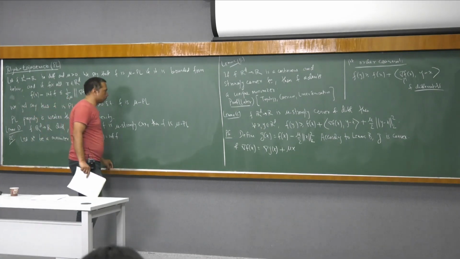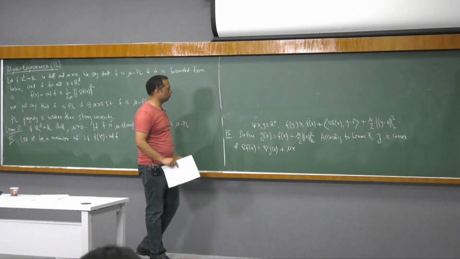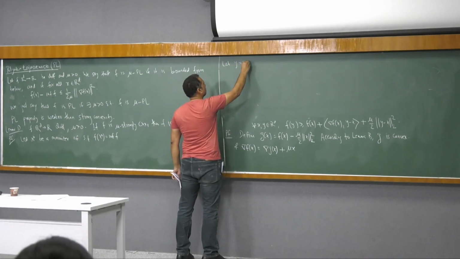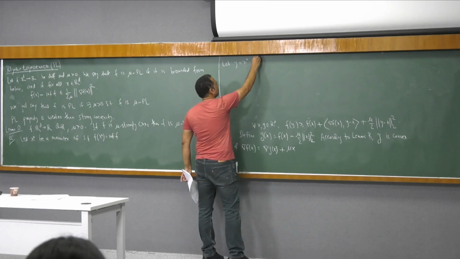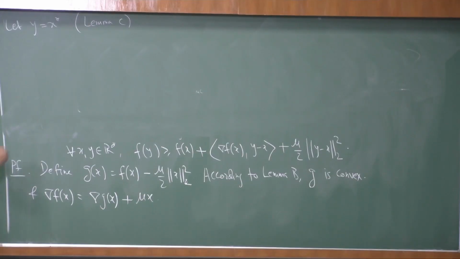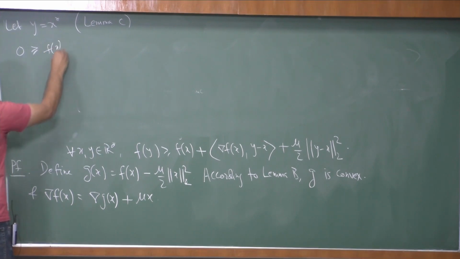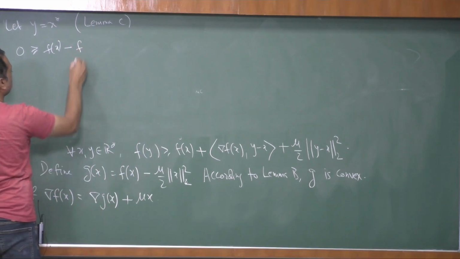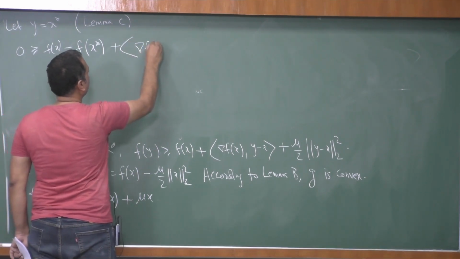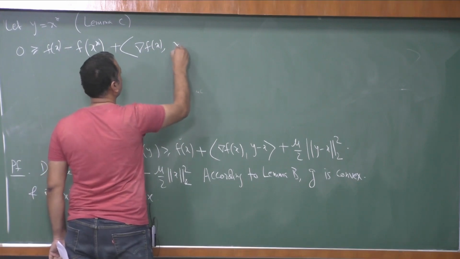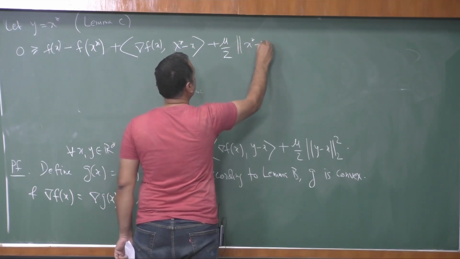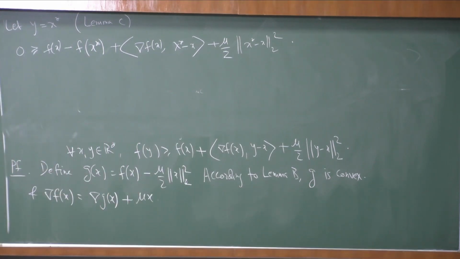So let y be x star in lemma C. Then we have 0 greater than or equal to f(x) minus f of x star, plus the gradient of f at x, with y being x star, plus mu by 2.